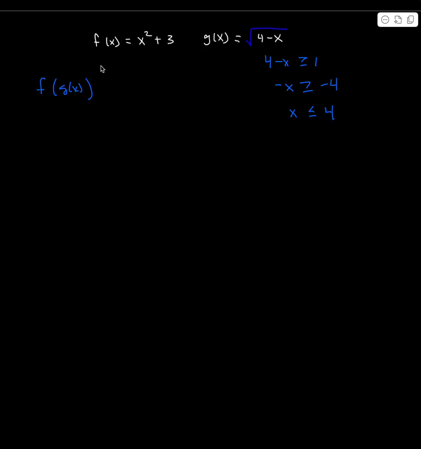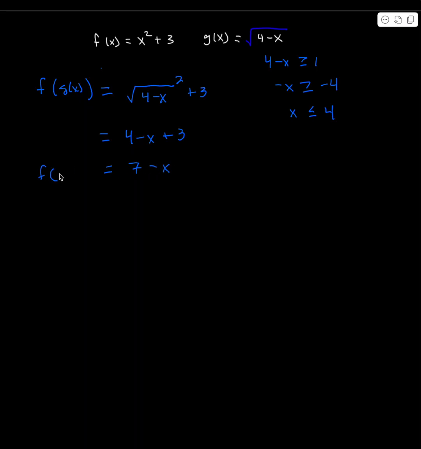All right. So now we're going to pop that bad boy in there. G of x into f of x, so that becomes the square root of 4 minus x, squared, plus 3. The square root of anything squared is whatever is under there, so that's 4 minus x plus 3, which is equal to 7 minus x.